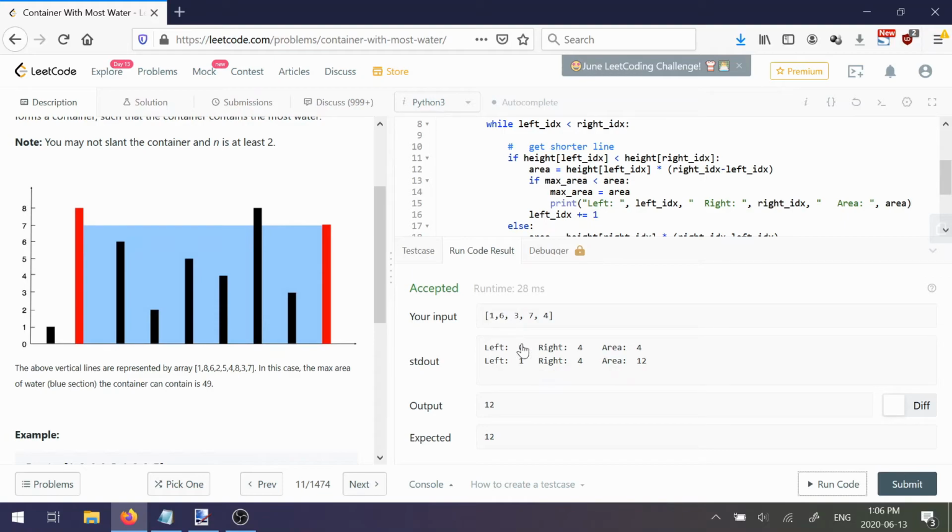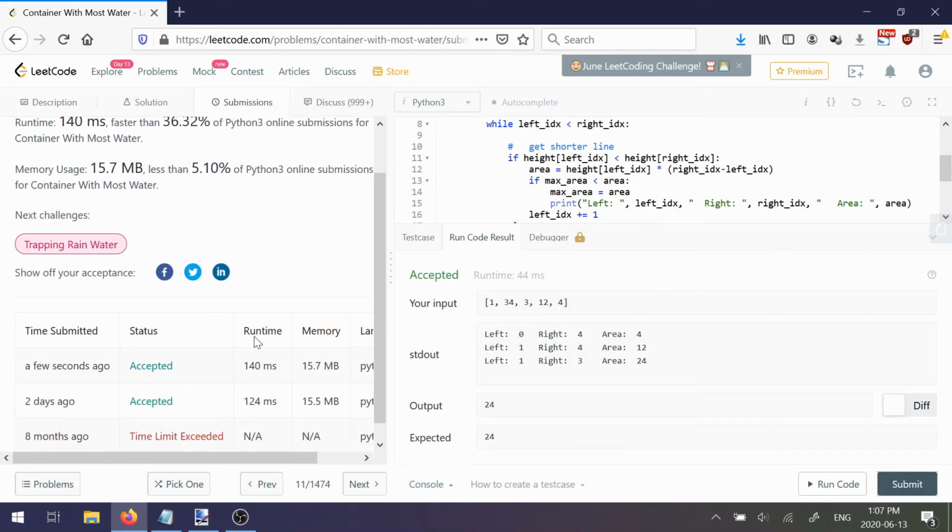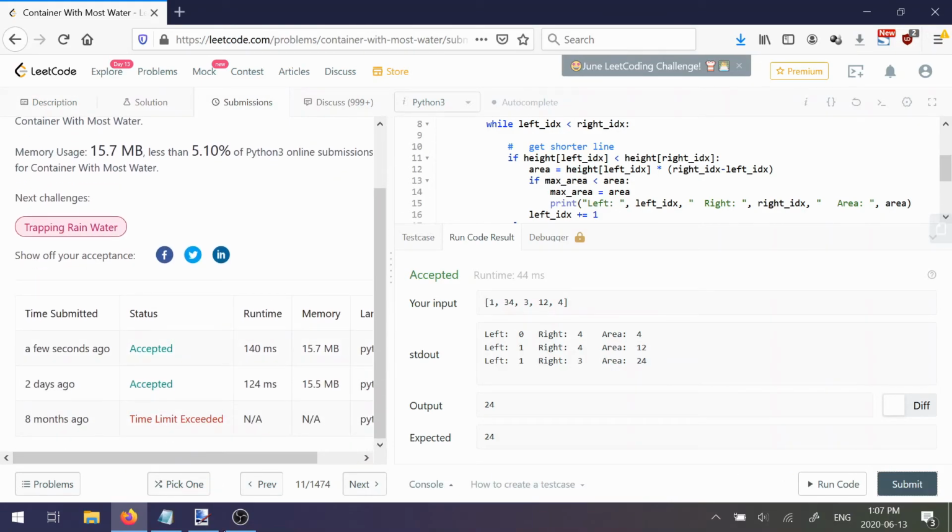So what we see here is that the maximum is now between 6 and 4. And here, now the maximum is between these 2 lines, 34 and 12, mainly because they are so much taller than the other lines that the distance along the x-axis is compensated for. Let's submit our code and see what we get. So it does pass all of our tests.